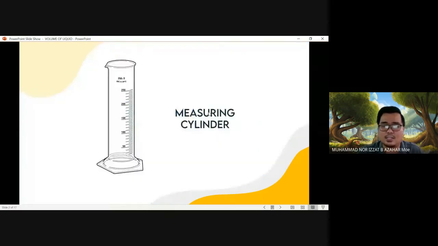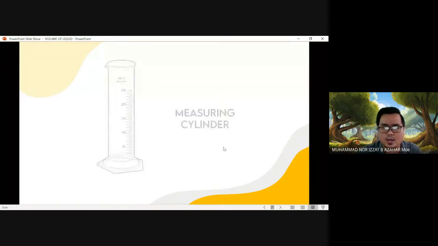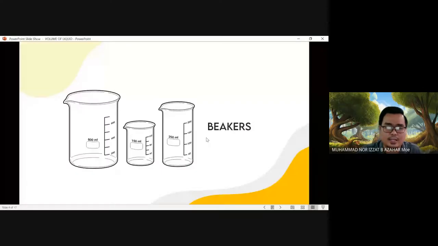In Malay we call it cylinder penyukat, because the shape is in cylinder. Right? Next one is beakers. Kalau if it's only one, beaker.